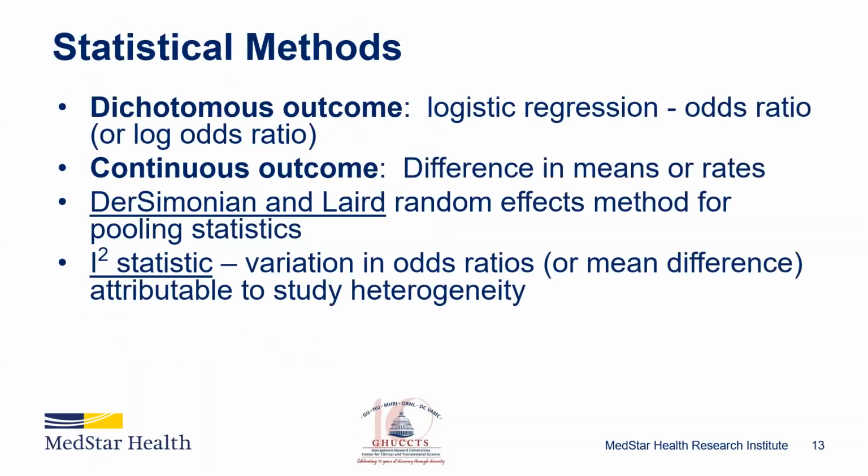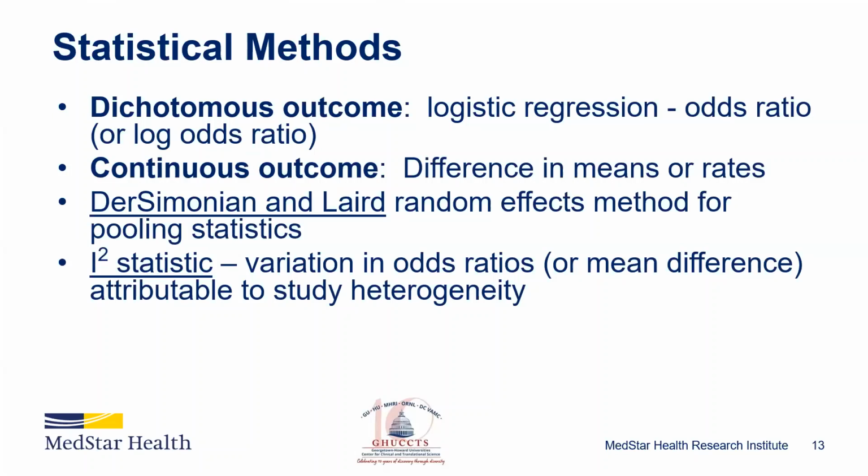As far as the particular statistical methods are concerned, it really depends on whether you have a dichotomous outcome, which a lot are, either like dead or alive, yes or no, positive, negative.